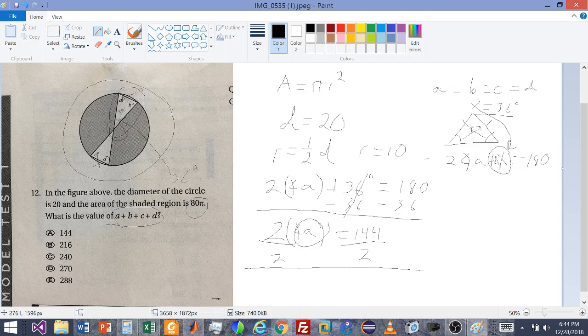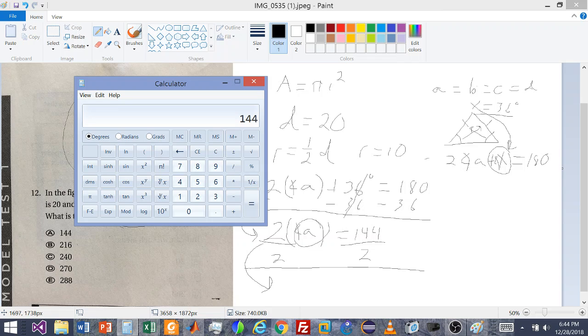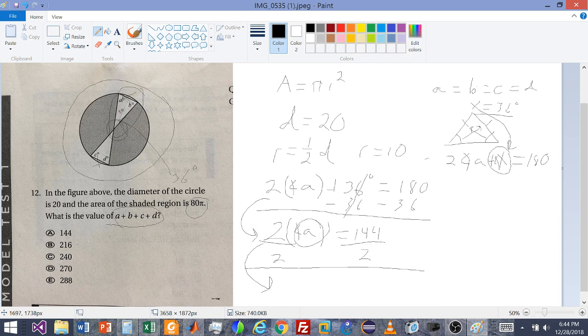So this goes to 144 divided by 2, which is 72 degrees. So angle A equals 72 degrees.